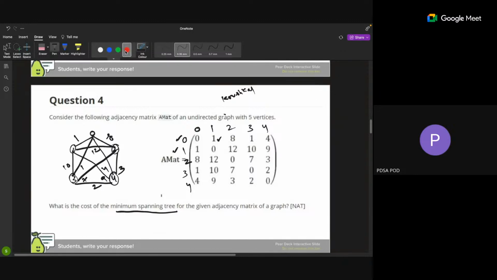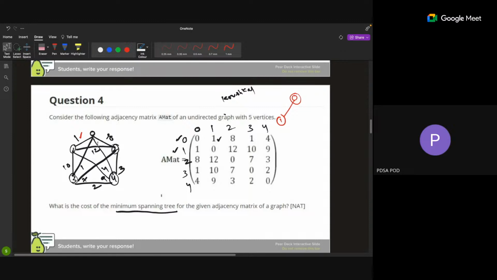Now, the first minimum edge is what? It's 0 to 1. Is it right? Because its weight is 1, no? Is it clear or no? In the Kruskal algorithm, the edges are selected in ascending order because sorted weights are selected.